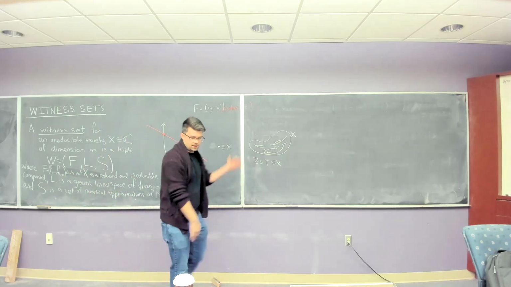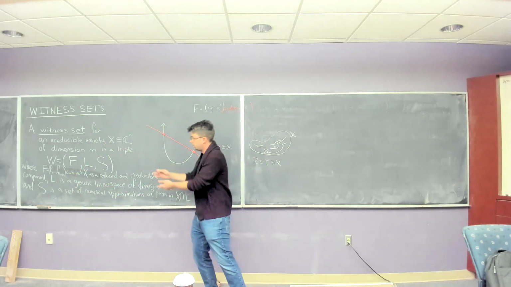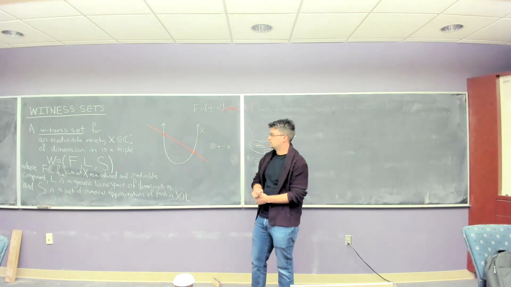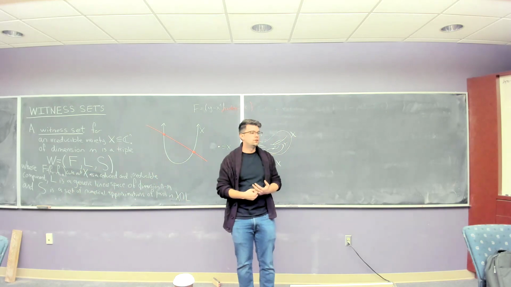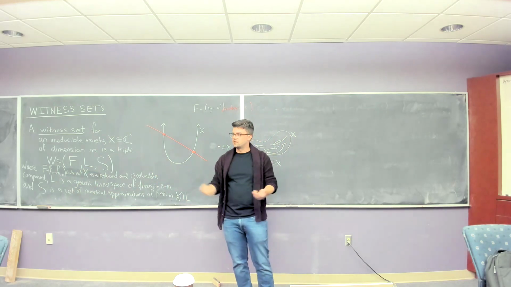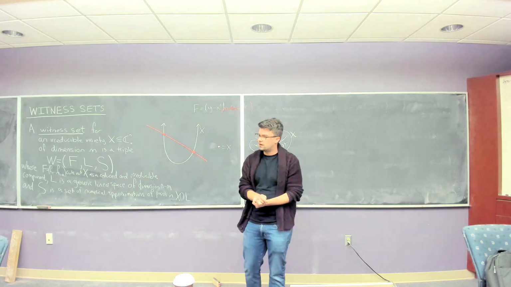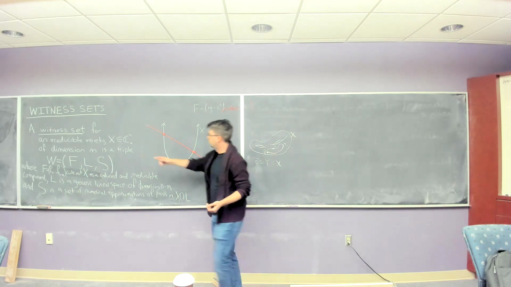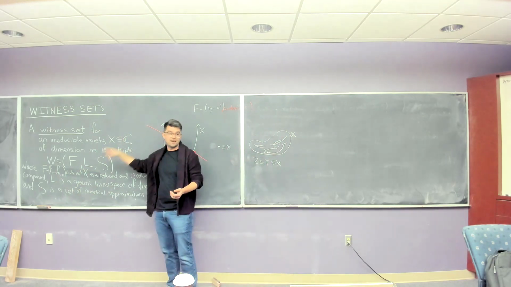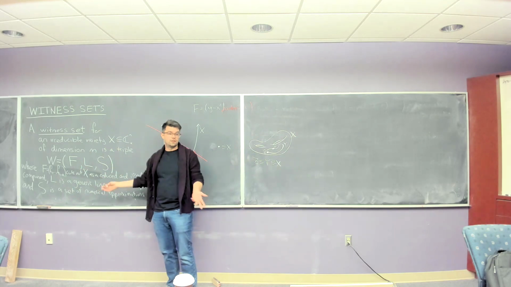Every time you intersect with a hypersurface, i.e. every time you include a polynomial into this polynomial system, you expect the dimension to drop by 1. So if I slice with n minus 1 hypersurfaces, I go from C to the n, and I drop n minus 1, which puts me in dimension 1.